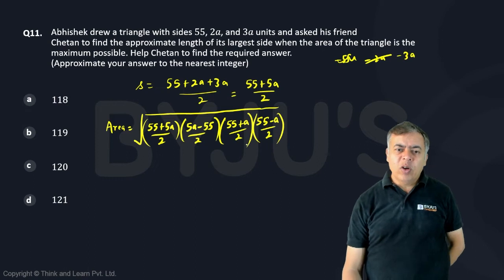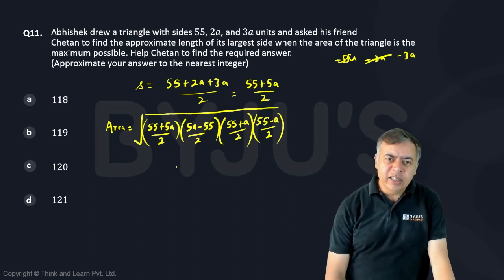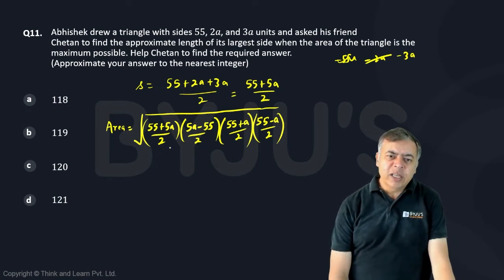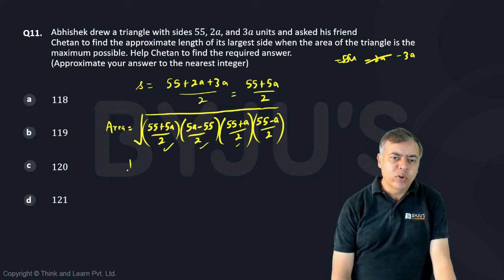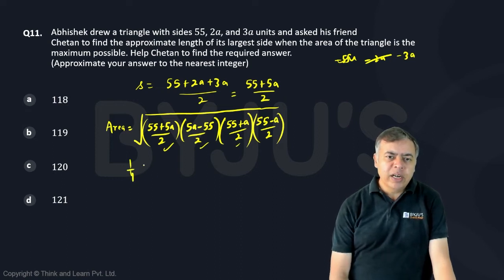Now we get the forms (a plus b) into (a minus b) both ways. The denominators are 2, 2, 2, 2, so we can take 1 by 16 common. Here the remaining part becomes 5a square.